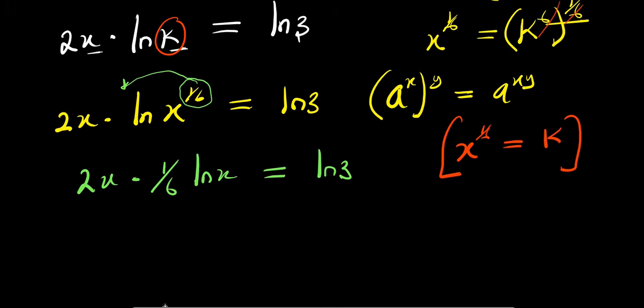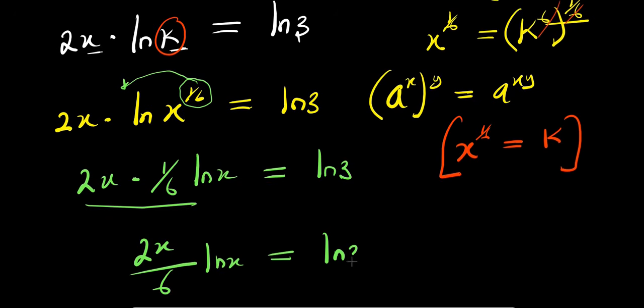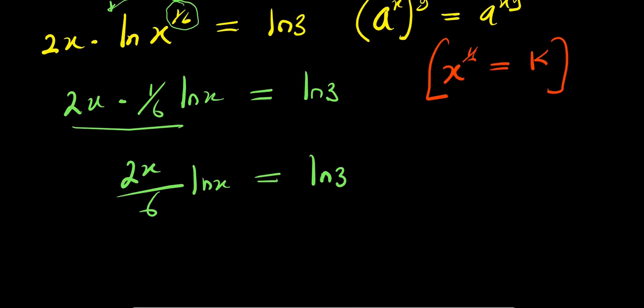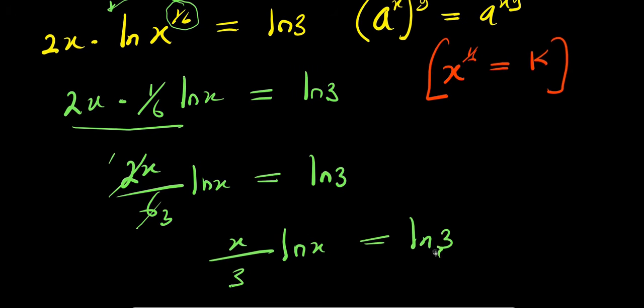Right now, I'll multiply this out. 2x times 1, that's 2x, and this is divided by 6 times ln x equals ln 3. So from here, we simply have to cancel this out. Once we cancel this, we have x over 3 times ln of x equals ln of 3.